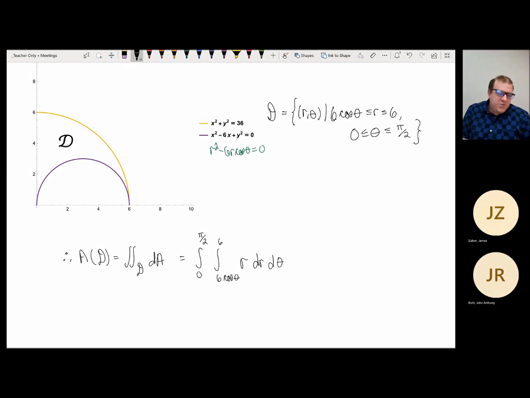So the integral from 0 to pi over 2, integral from 6 cosine theta to 6, r dr d theta. Sadly, r depends on theta, so we can't just integrate with respect to theta first and say it's pi over 2.